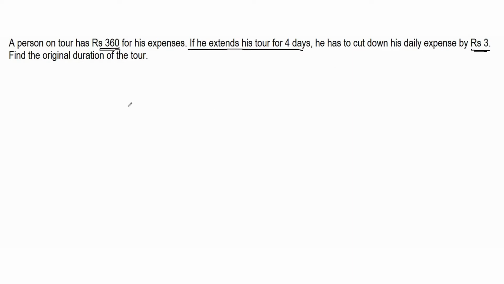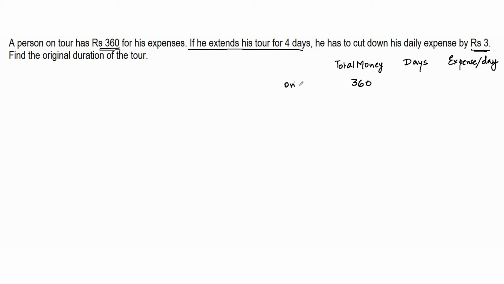That is the situation. So this is a good problem to make a quick table. Let's make a table here. The quantities that I have are the total money, then the total days, and the expense per day. Now let's assume that the total money is 360, right?